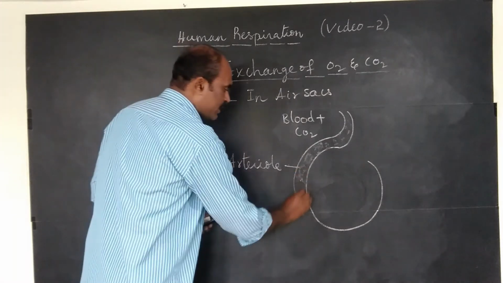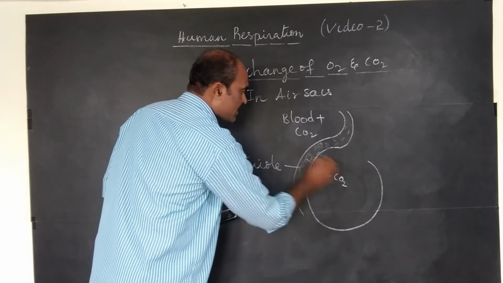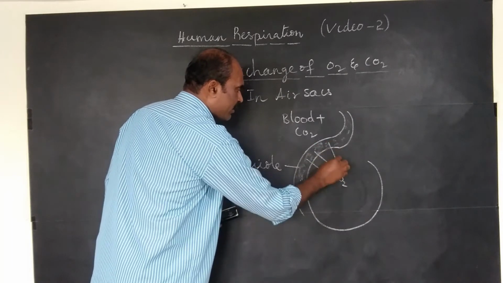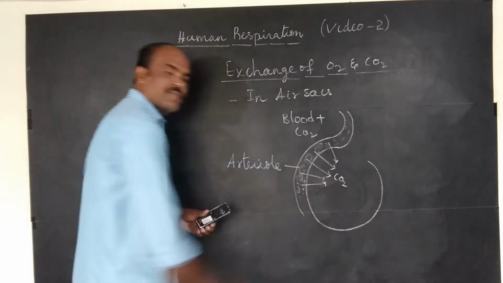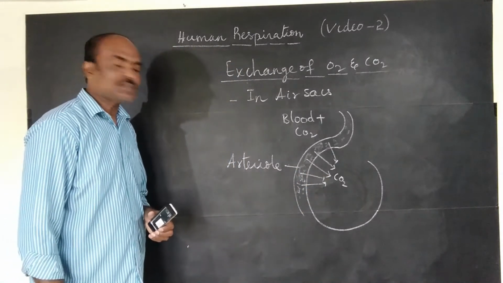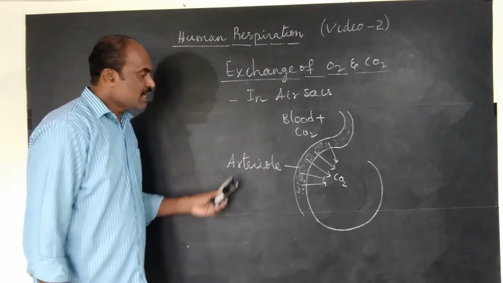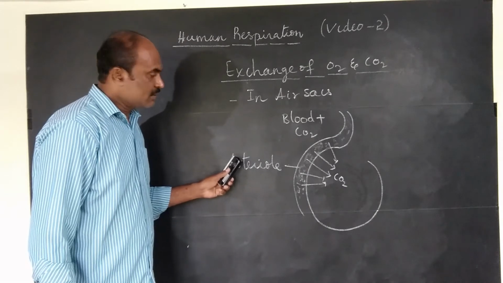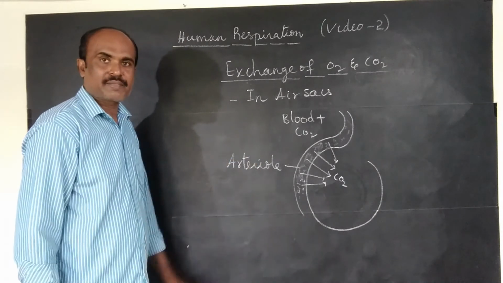This carbon dioxide diffuses into the cavity of air sacs. So this is how carbon dioxide is separated from blood.